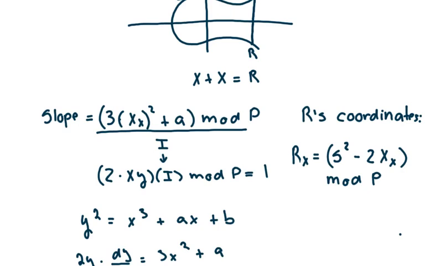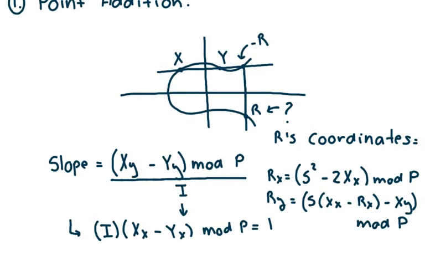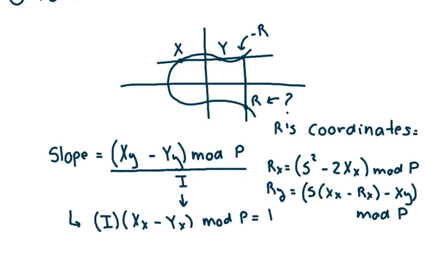And at this point I do have a correction to make. In a point addition situation, the x-coordinate of point r is actually equal to the slope squared minus the sum of the x-coordinate of point x and the x-coordinate of point y, modulo p.